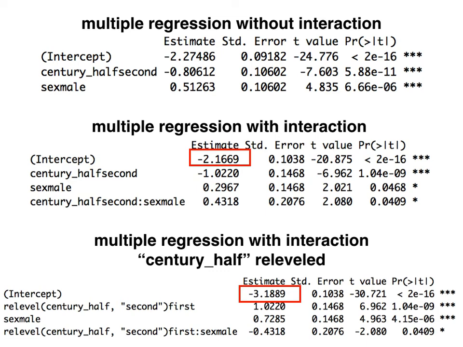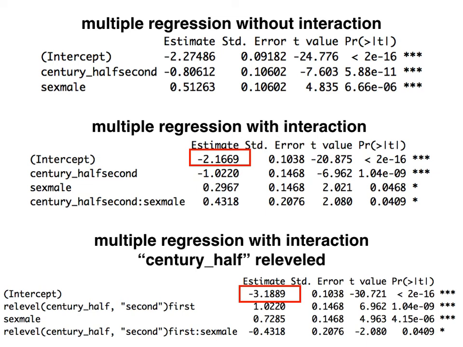In the second model, the intercept is the mean of the data in the second half of the century, since we changed the baseline for century half, but still for females, since we didn't change the baseline for sex. We can see that the estimate is a larger negative number in the second model, suggesting that popular female names from 1901 were less popular in the second half of the century than the first.